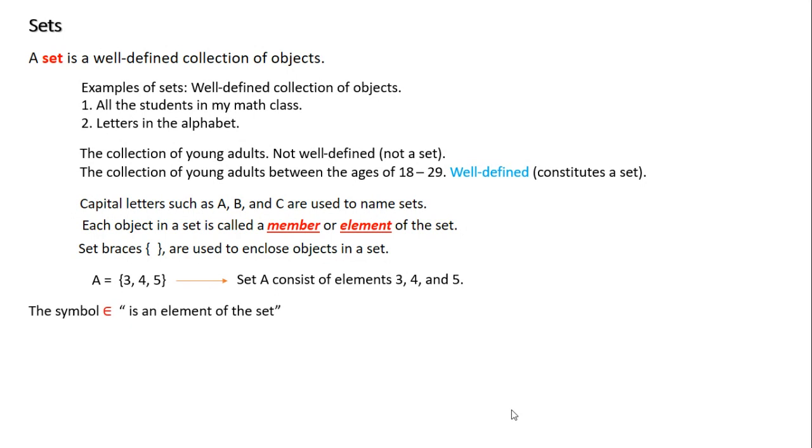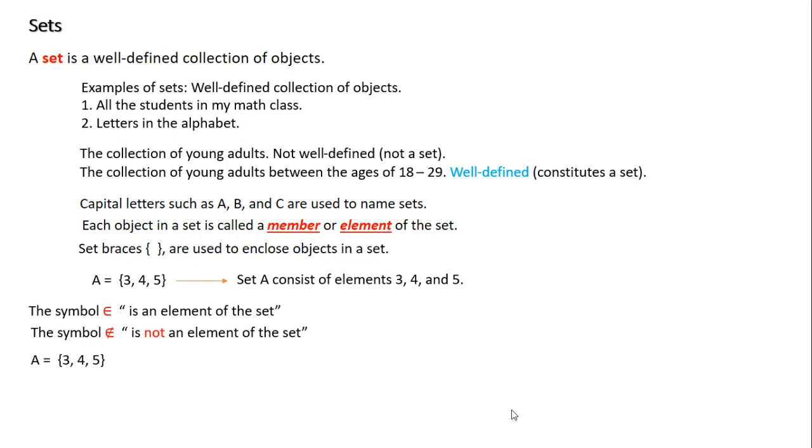Now, this symbol is a Greek symbol epsilon, or it looks like an E, right? It's for an element in the set. The inverse of this is a little slash through the E, and this means not an element in the set.